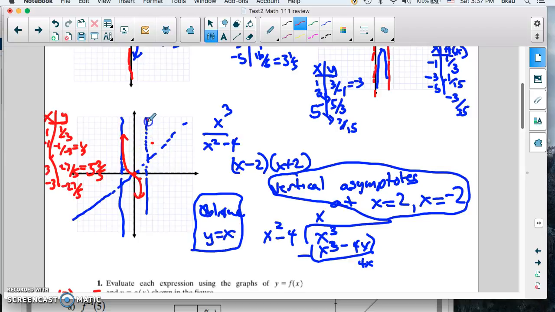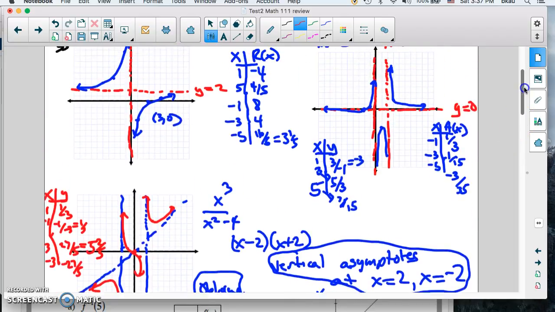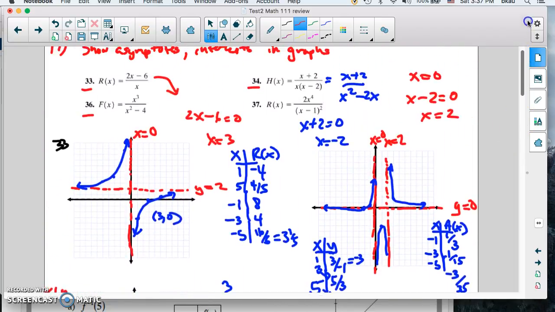So this one is going to go like this towards the asymptotes. We're going to have the same thing happening down here with the other asymptote. So those are the three pieces that you should have right there for that point. So that's problem 17 in graphing those three types.